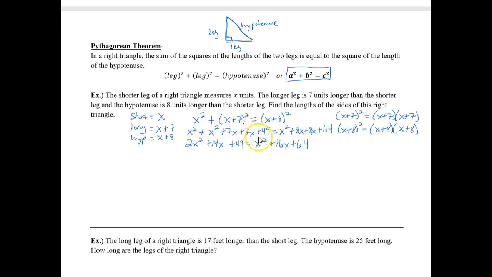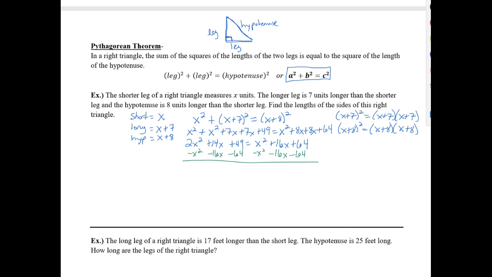I'm going to move this x squared over to the left, because I want to keep my x squared positive. I have more of them on the left hand side. So everything is going to get moved over to the left hand side. I'm going to subtract x squared from both sides, subtract 16x from both sides, and subtract 64 from both sides.